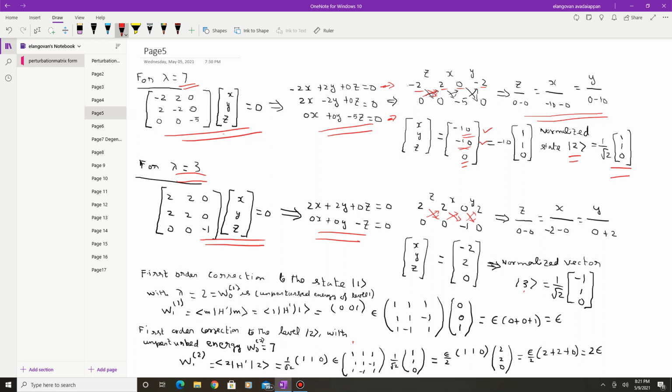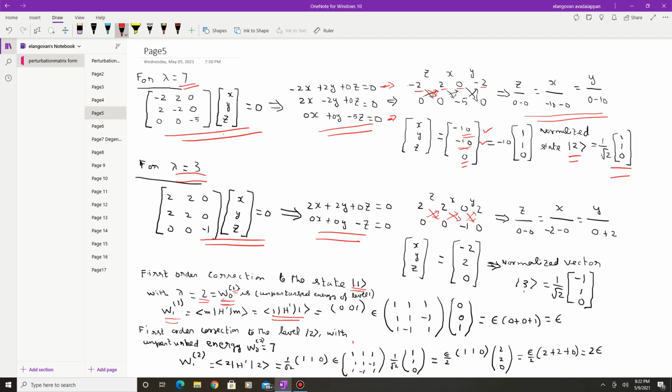Now let us calculate the first order correction to the state 1. So this is the unperturbed state. The eigenvalue is 2. So W0 is the unperturbed energy corresponding to the level, which we have already calculated. Now we want to calculate the first order correction, W11, which is bra 1 H prime ket 1.